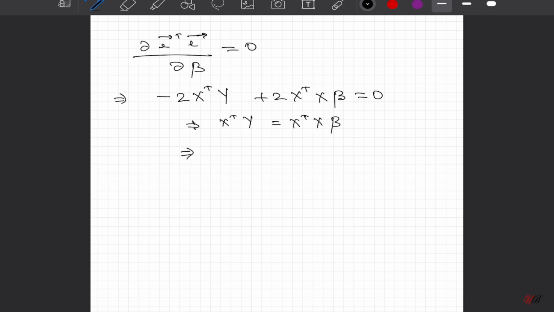For invertibility, this has to be a square matrix and its determinant should not be equal to 0.